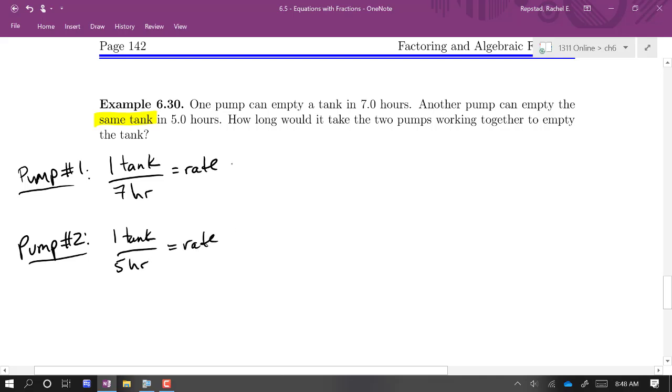And what we're going to do is have them work together to empty this tank.